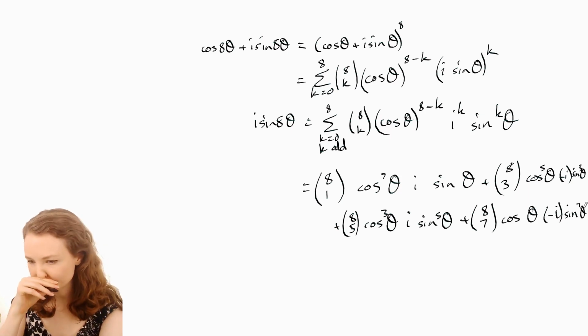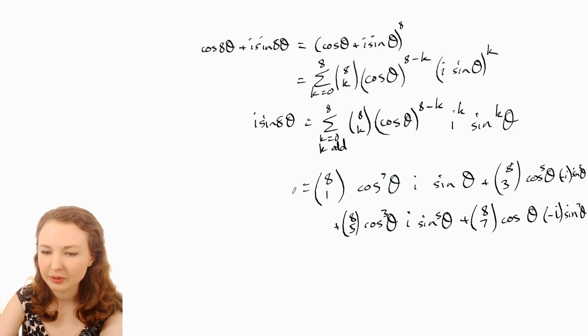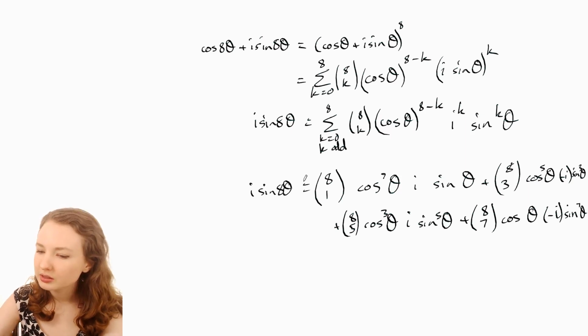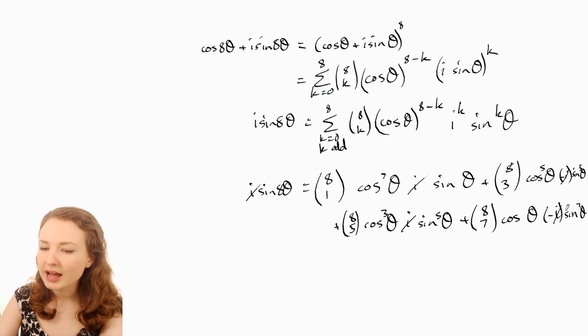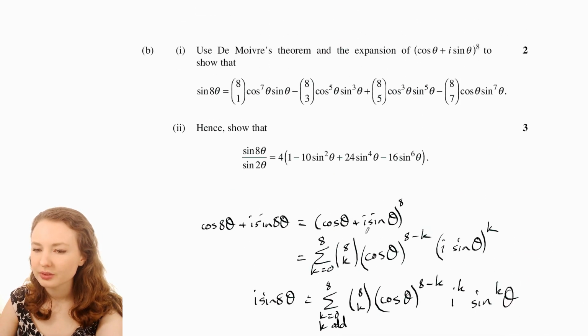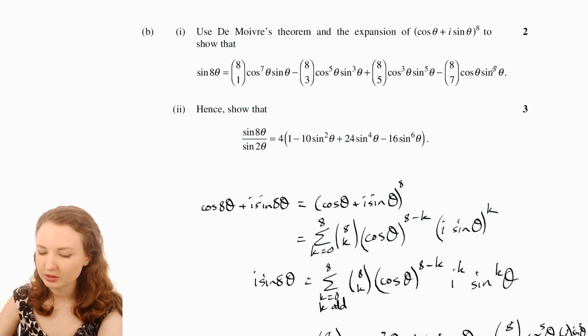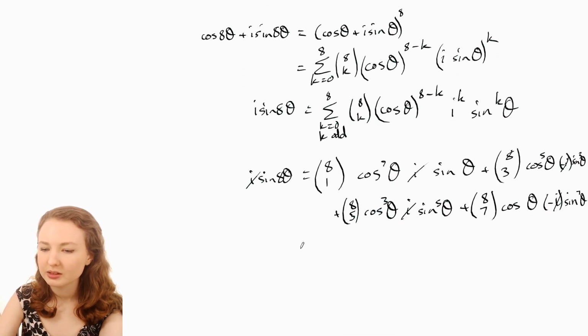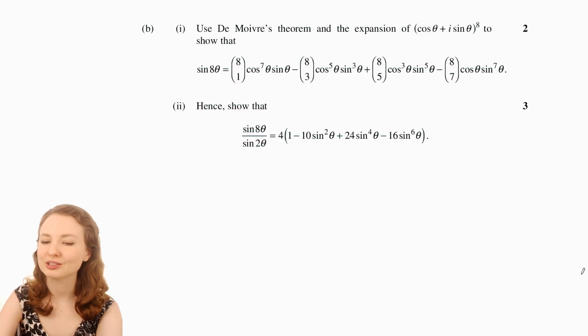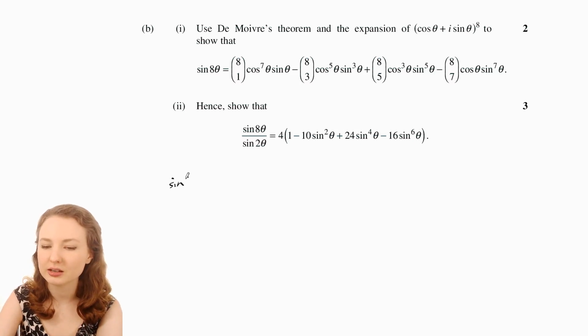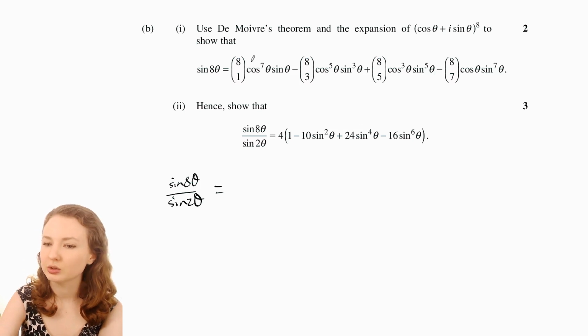Okay, and then let's just get rid of all the i's from both sides. That gives you that, so you would just write that out again. Okay, for part 2, we can say that sine 8 theta over sine 2 theta is all of this.